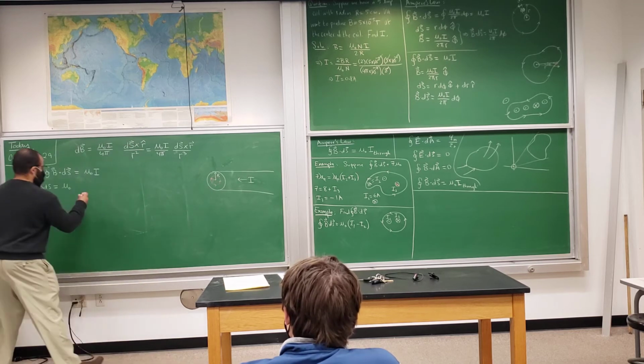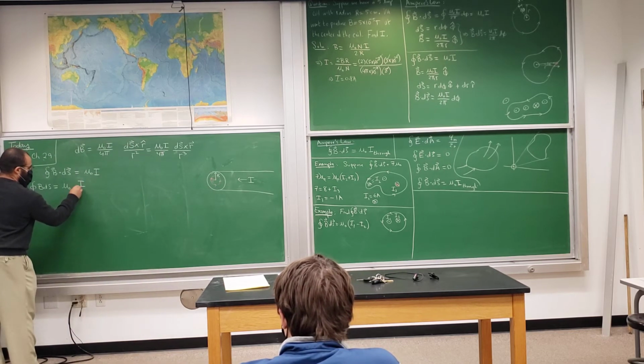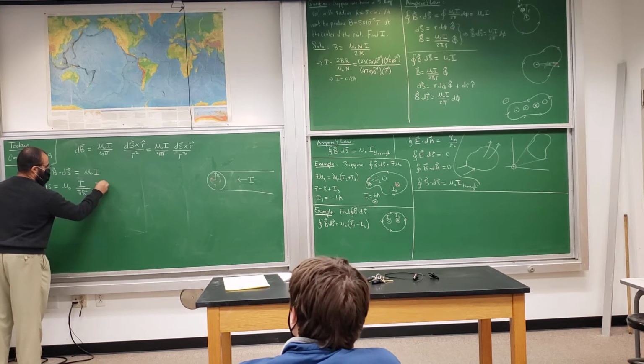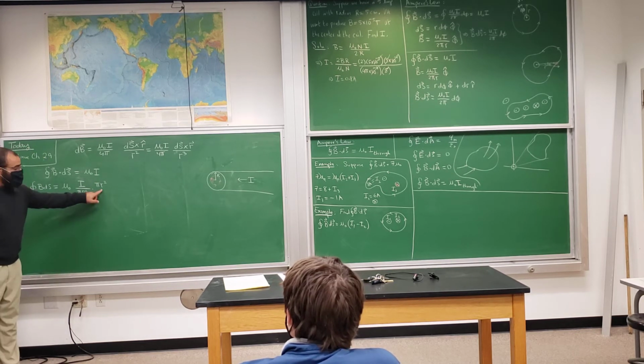So it will look like this: the current divided by the entire area, which is pi times capital R squared, times the area that my loop encloses, which is only pi little r squared.